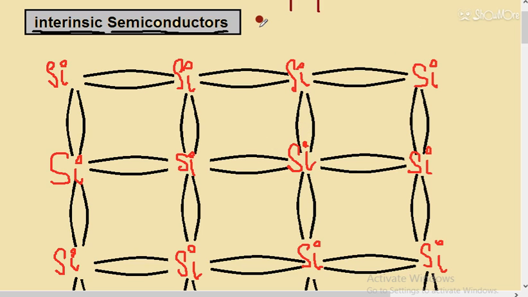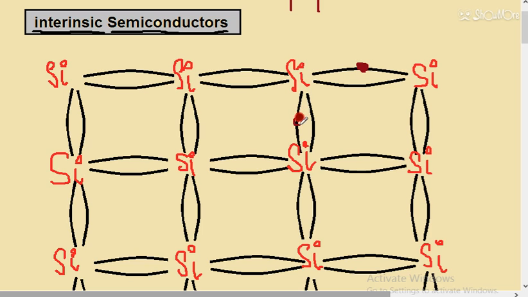Now let's draw this with a marker. Suppose this is one atom of silicon, this is the left-hand silicon atom.